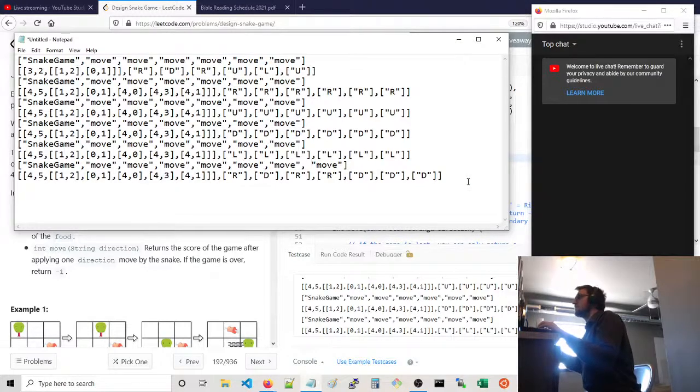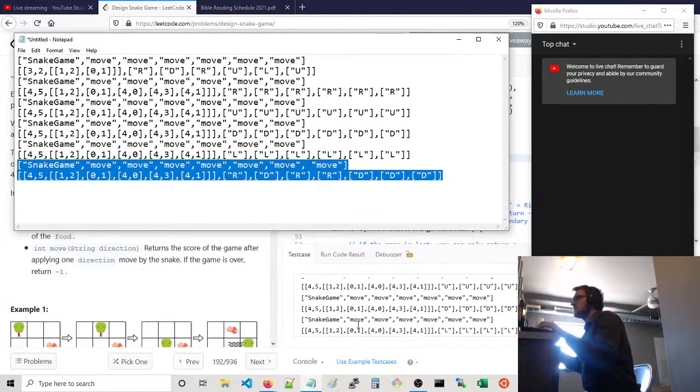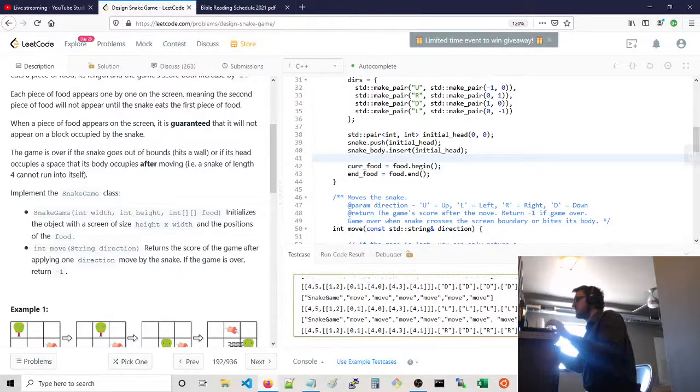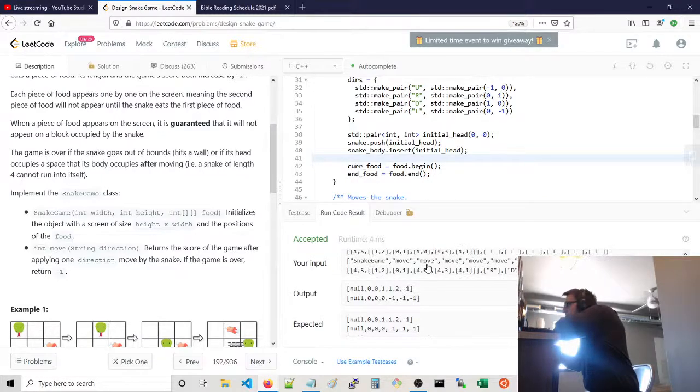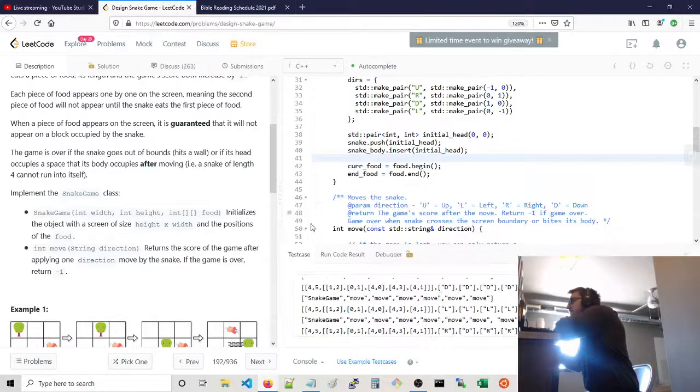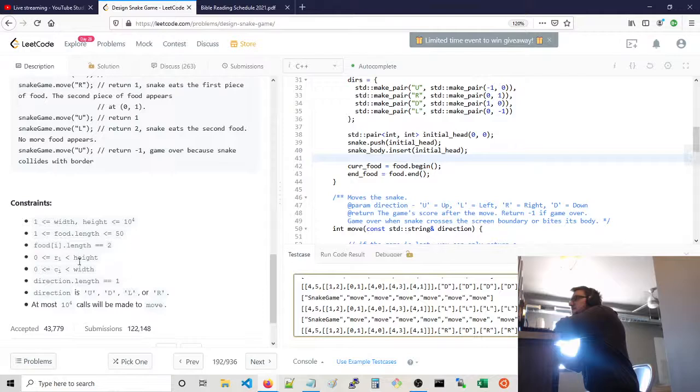Let's see what we get so far. Should end with a score of 3, I think, with this one. No, oh no, our score is only 1s, a bunch of 1s. Uh-oh. What are these row column things?